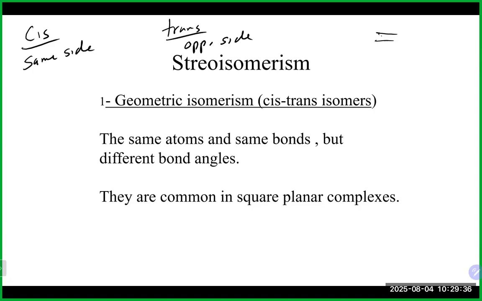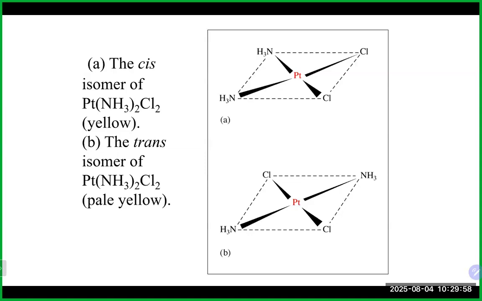These guys also, again, have basically the same formula or the same elements involved in the formula. They have the same bonds, but different bond angles. This is common in square planar complexes. Square planar is that expanded octet where it basically makes a nice little square within the plane, as you can see here.